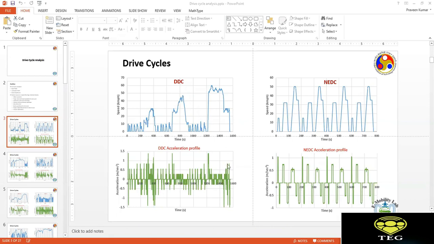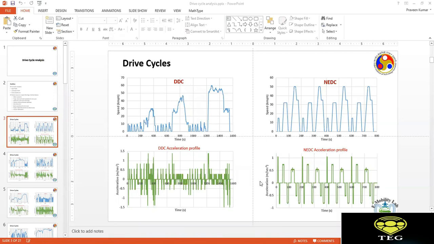Now below each drive cycle in green color, we have the acceleration versus time. If I differentiate the blue curve above, I get the acceleration. So below DDC is the acceleration profile for the Delhi drive cycle, and below NEDC is the acceleration profile for the New European drive cycle.